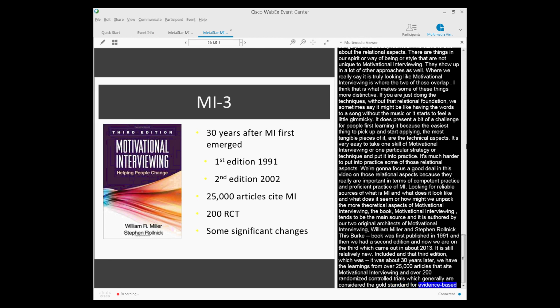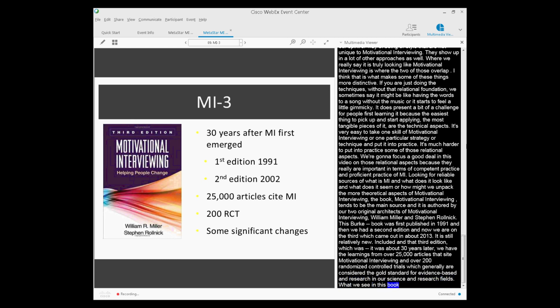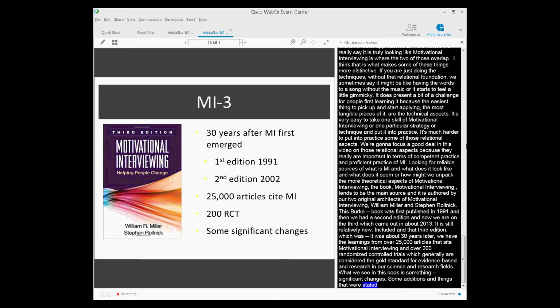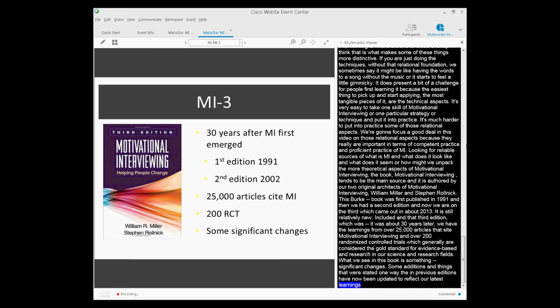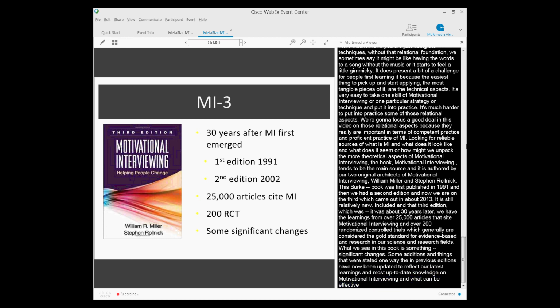And what we see in this book is some significant changes. So some additions, and some things that were stated one way in the previous editions have now been updated to reflect our latest learnings and our most up-to-date knowledge on motivational interviewing, what can be effective, and how we can best support it, spread it, and use it with the people we serve.